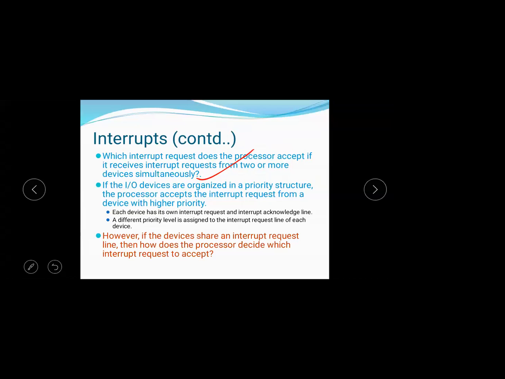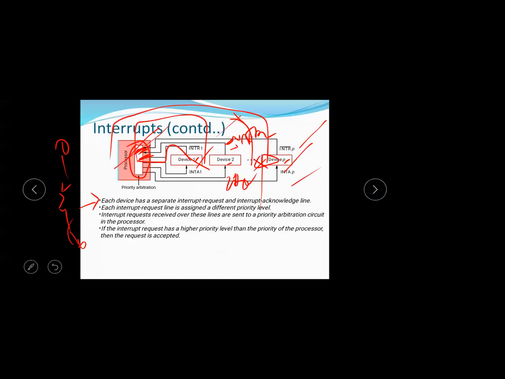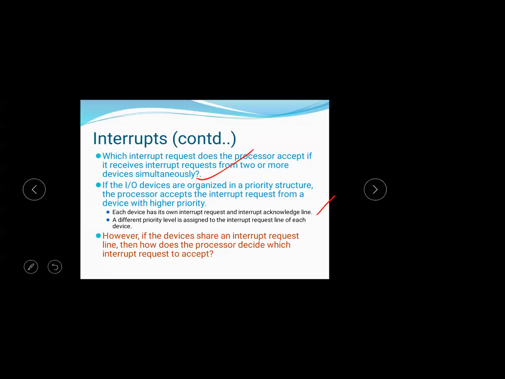Each device has an interrupt request and interrupt acknowledge line, independent request and acknowledgement lines. A priority level is assigned to the interrupt request line of each device, with request 1 the highest priority and P the least priority.